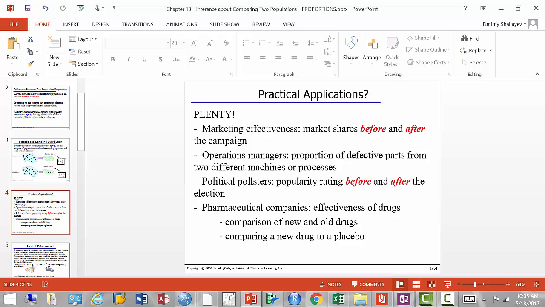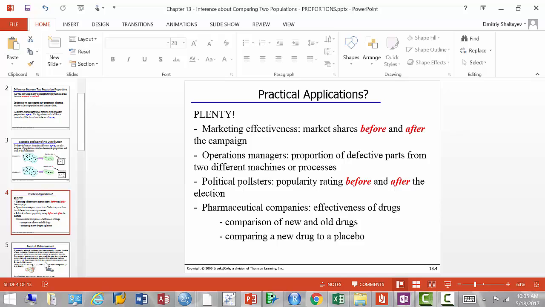And obviously, you want the good machine that makes a low percentage of defectives, right? So if you have to make a choice between machine 1 and machine 2, you want to take a look at what percentage of defective parts both of them are making and pick the one with the lowest, right? So therefore, you run a trial production on the first machine, on the second machine, and see how many parts you have defective, find the percentage in both samples, and then compare, right?